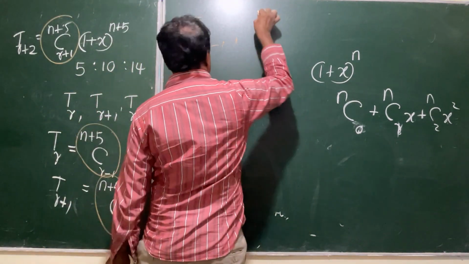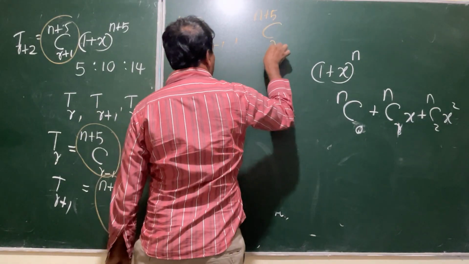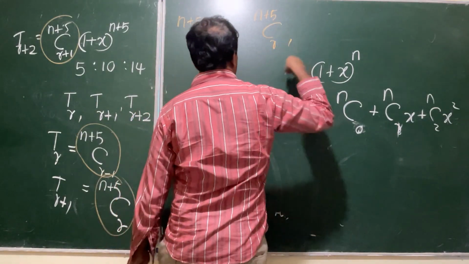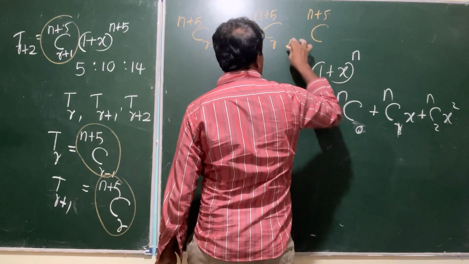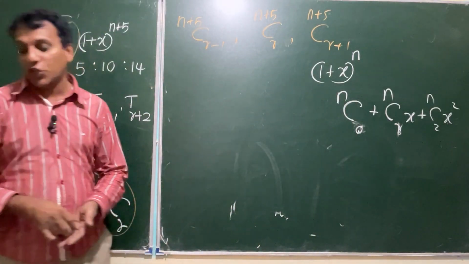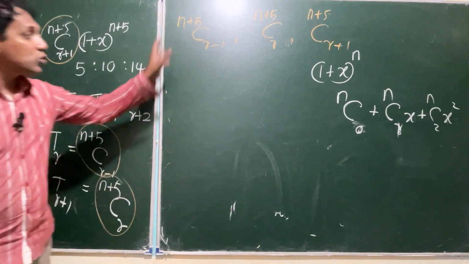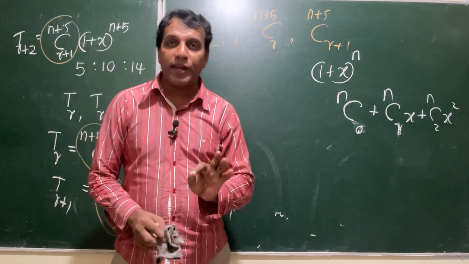The next term is n plus 5 C r, comma. The next one is n plus 5 C (r plus 1). These are the three coefficients. If these coefficients are in this ratio, find the value of n.